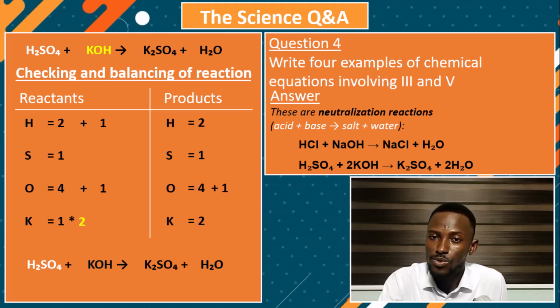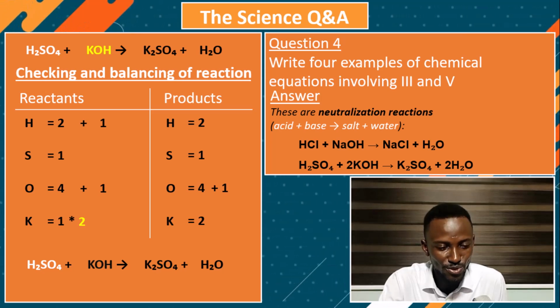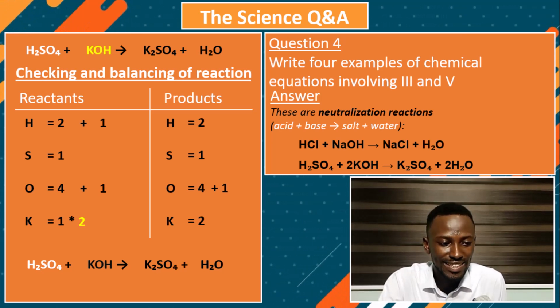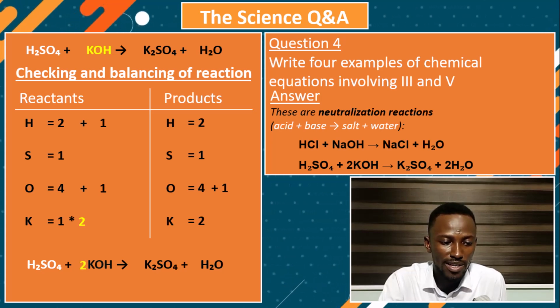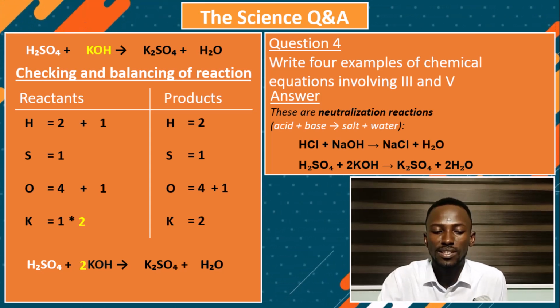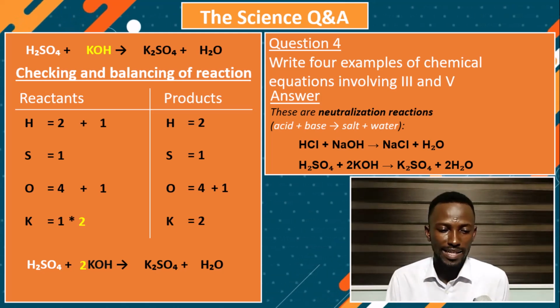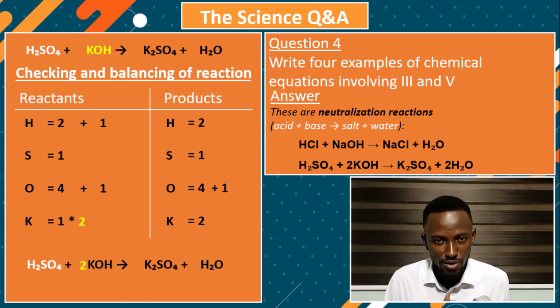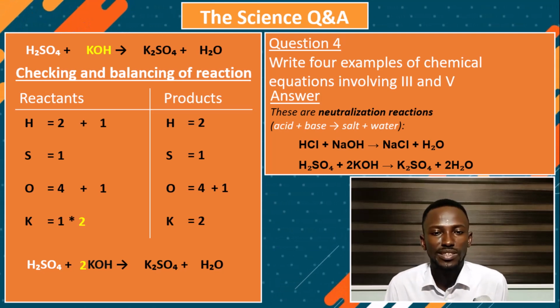Now what do we do with the 2? You write it in front of the potassium compound, the KOH. Remember, the values you use to multiply, you write in front. You don't write them as subscripts.